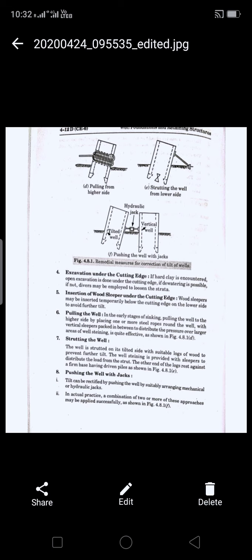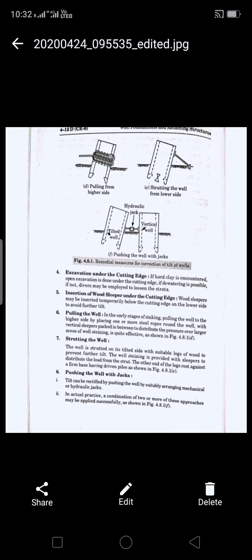Next one, pushing the well with jacks. It is a very good method to stabilize or reduce the tilt or shift in the well foundation by applying jacks. When you apply the jacks, the well comes to its original position. The jack is like a car jack or a bus or truck jack. Here you can see in the figure of pushing the well with jacks.